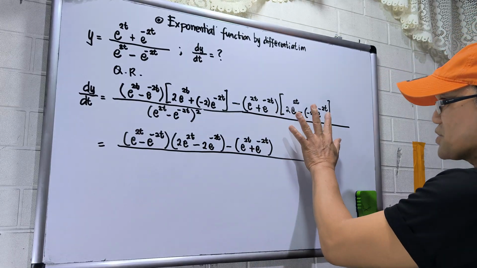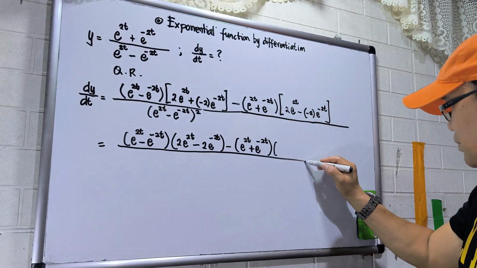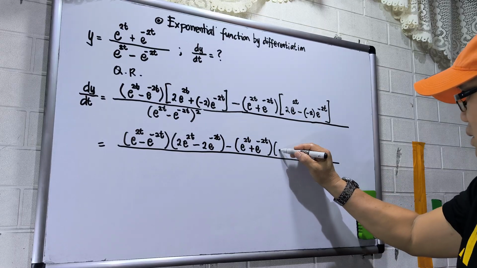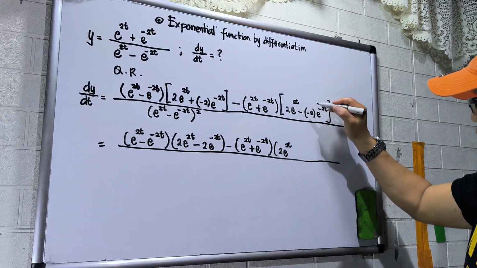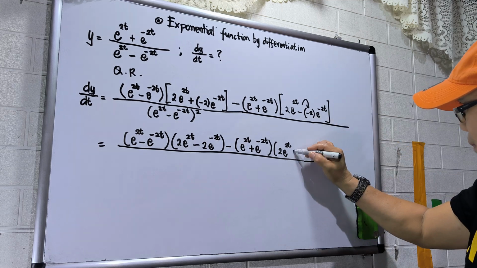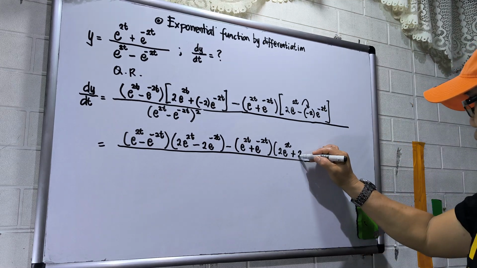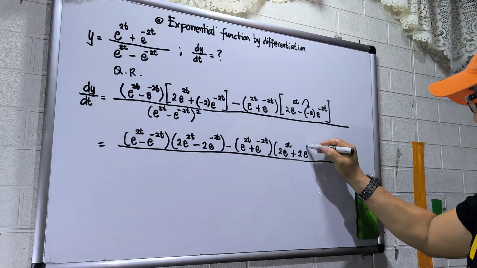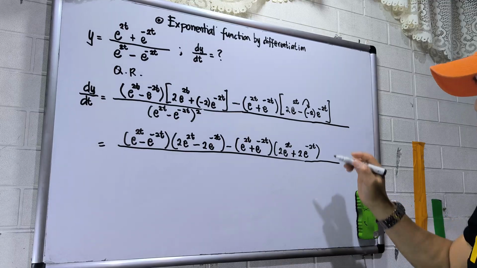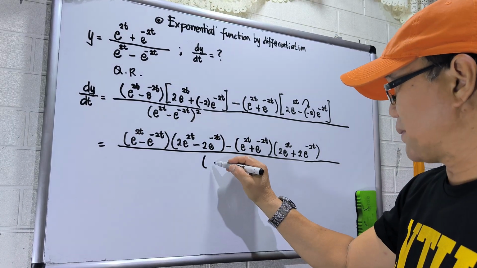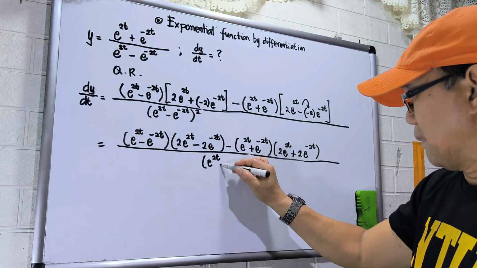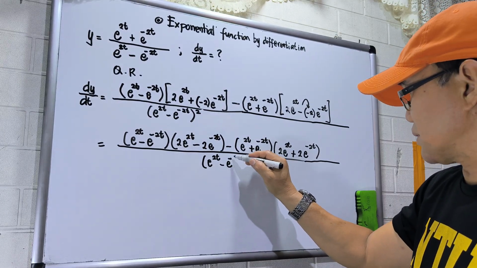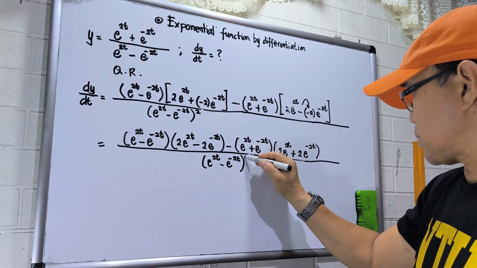I will use circle brackets instead of square brackets: 2 e raised to the positive 2t, then negative times negative is positive, 2 e raised to the negative 2t power. Then (e raised to the positive 2t minus e raised to the negative 2t) squared.